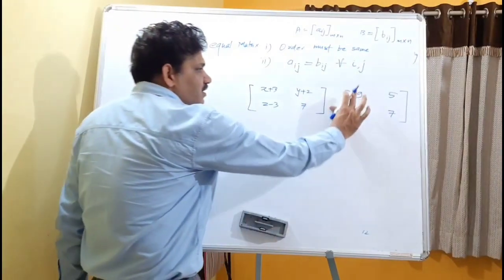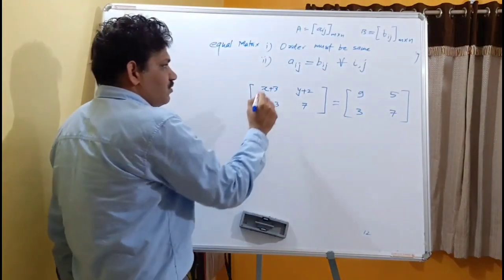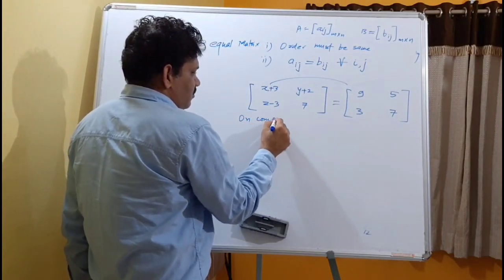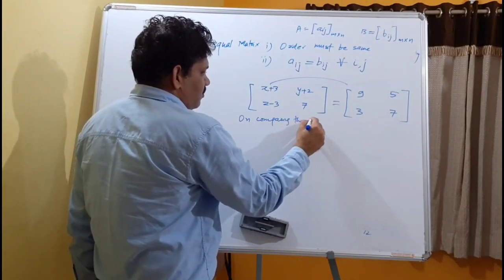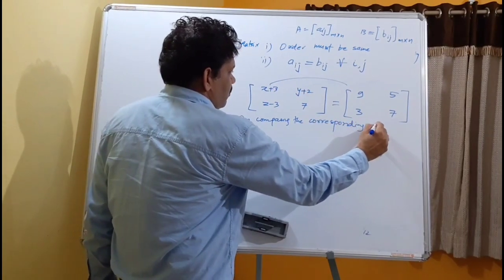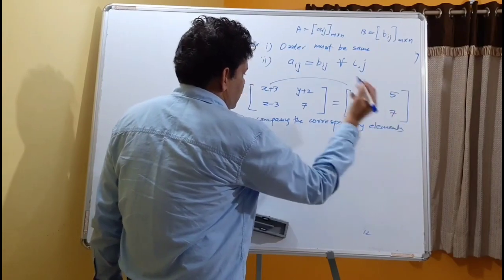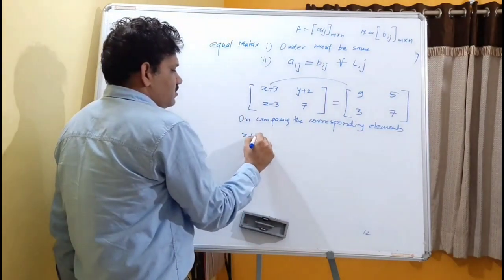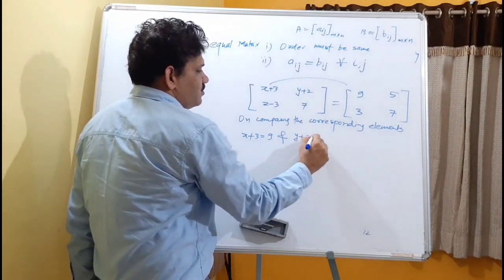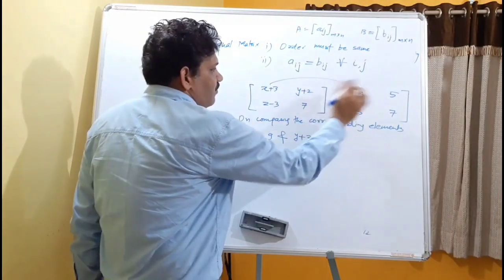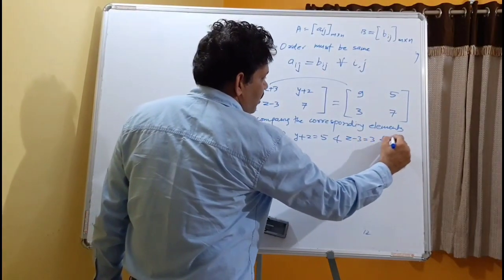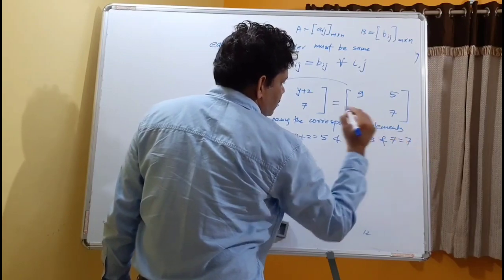Since the matrices are given equal, on comparing the corresponding elements, x plus 3 is equal to 9, and y plus 2 is equal to 5, and z minus 3 is equal to 3, and 7 is equal to 7.